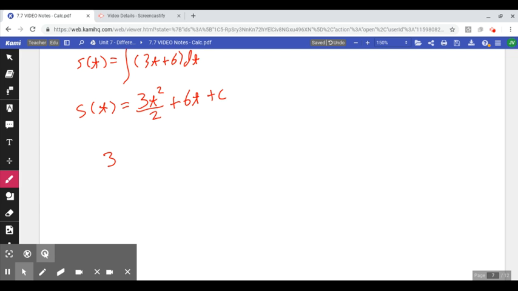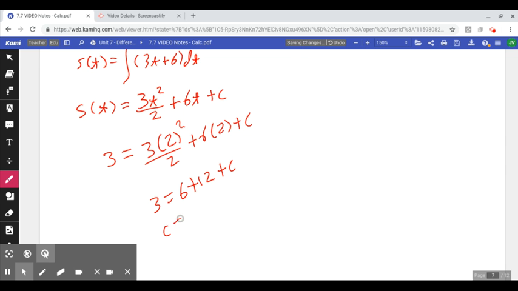So s of t is 3 when t is 2. So we'll just do a little substitution here, and this hopefully will allow us to find that value of c. So we'll have 3 is equal to, now this will be 3 times 4, which is 12 divided by 2, so that's 6, plus 12 plus c. So we'll subtract 18 from each side, and we'll wind up with c being negative 15 for this one.